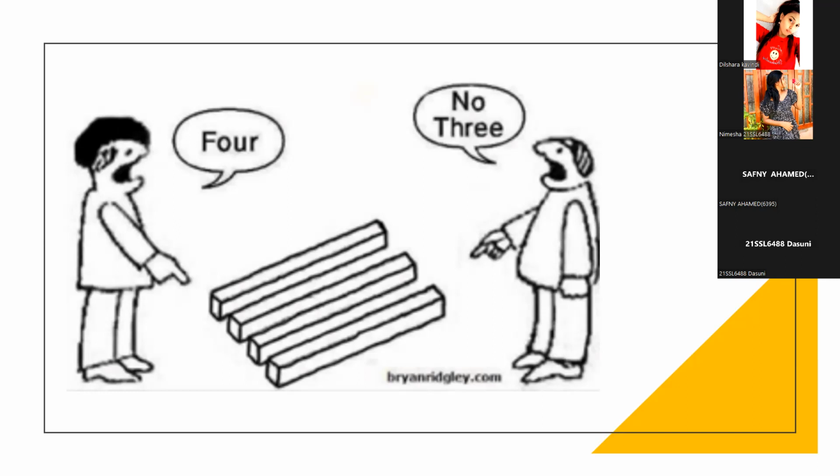We only can see our side. Or we would like to see only our side. Right? We cannot see the other side. Or sometimes we do not like to see the other side, other's perspective.